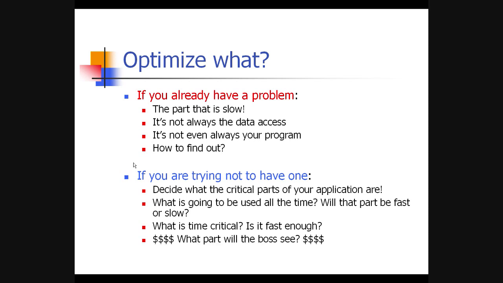And of course also, what part will the boss see? Remember one thing, you have to keep the guy who is paying happy. So if he is using only one small part of the program, like it's very often the case, and this particular part is extremely slow, for example, he's using the statistics to see what's going on in his company.